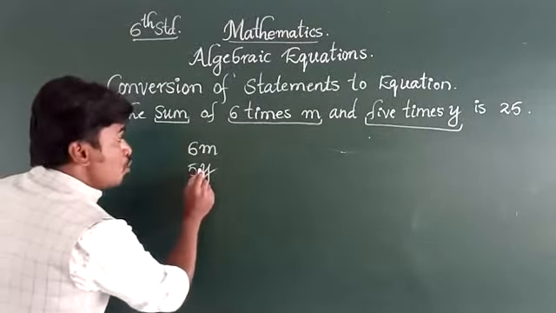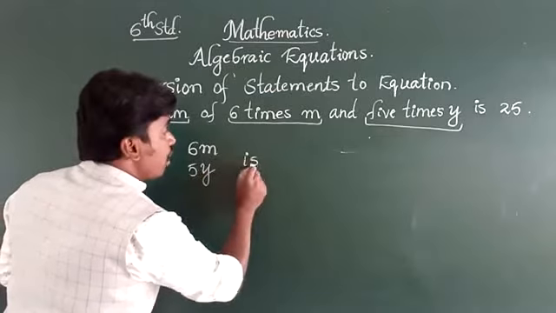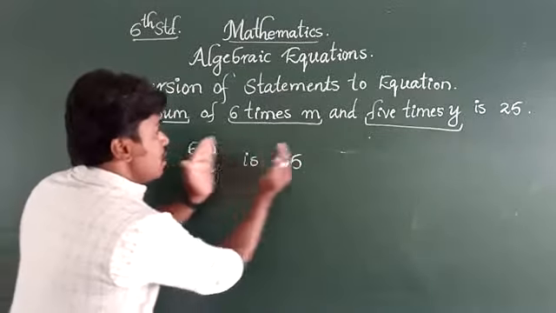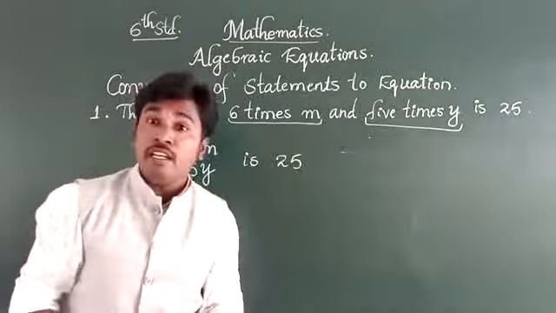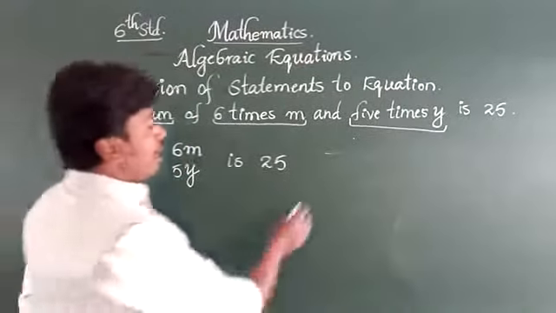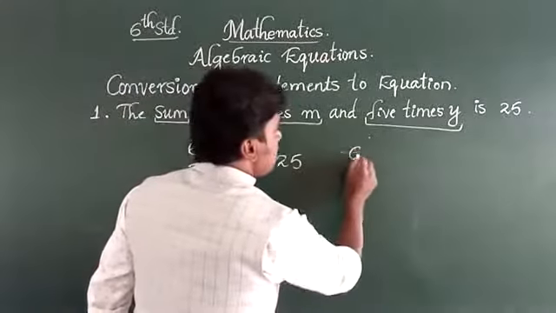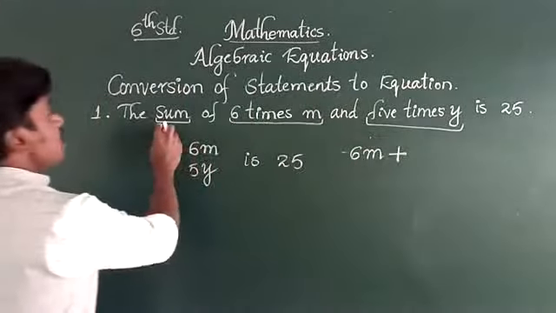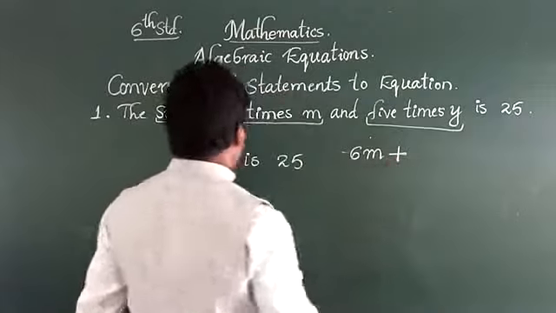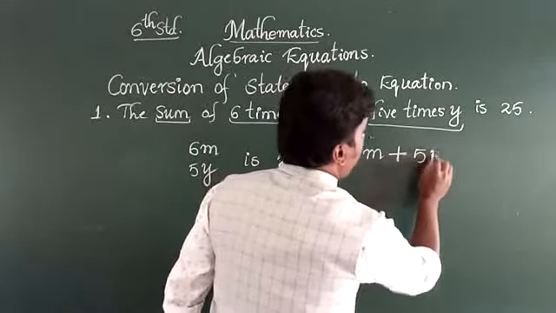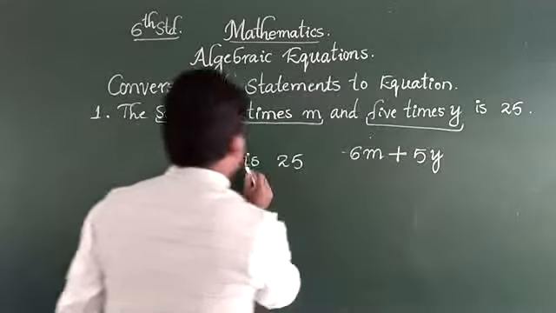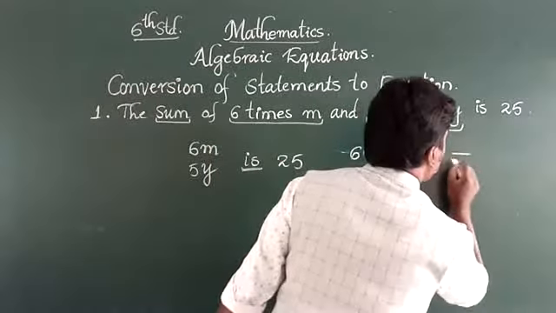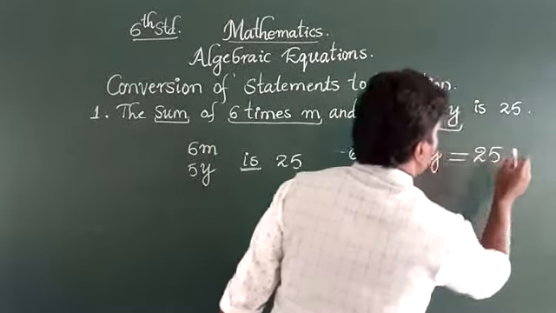The sum of these two numbers is 25. Then how to write it using an equation? It can be written as 6m plus, since sum is indicated by plus, 5y, and the equality sign, is equal to 25.